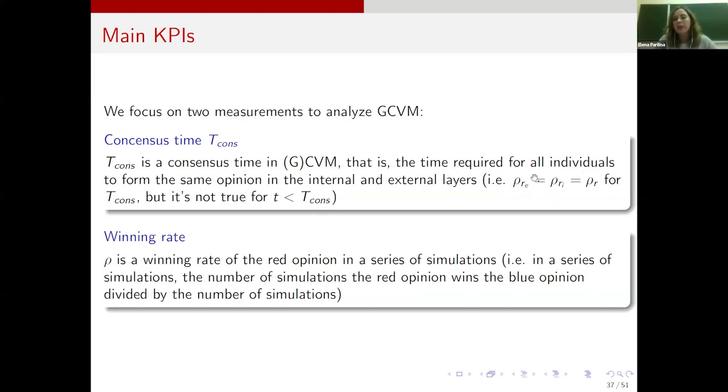So this equality should be satisfied for this time t cons. And we also focus on winning rate, for example, for the red opinion. So rho is the winning rate of red opinion in a series of simulations. So we made a series of simulations and divide the number of winning red opinion by the number of all simulations we made.